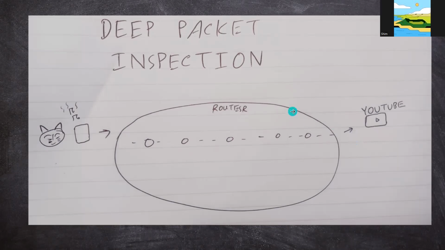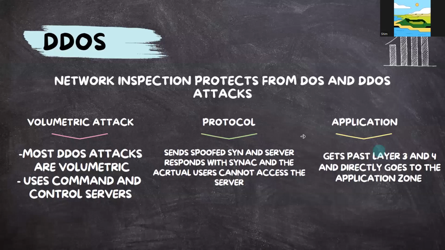So it can inspect the packets being sent and just drop the packet, in which case the cat cannot watch YouTube videos because his phone will not connect to YouTube. It will show a network error or something. And what I've learned is these attacks are very expensive, so it is a good thing that it doesn't happen very much.